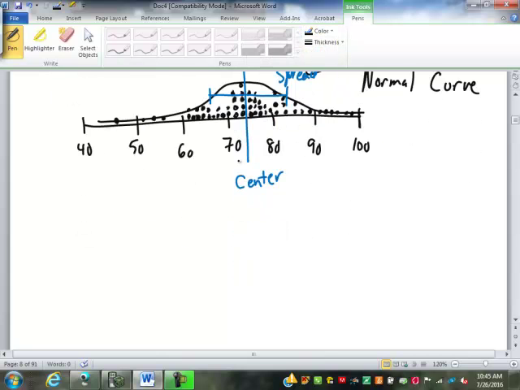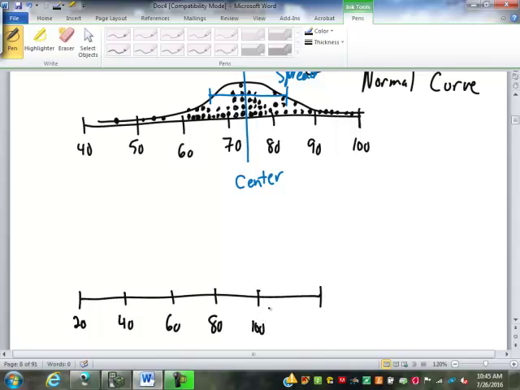Because if I have a number line of values, let's say this is temperatures for water coming out of a faucet.